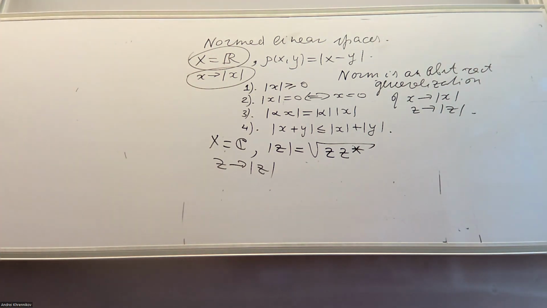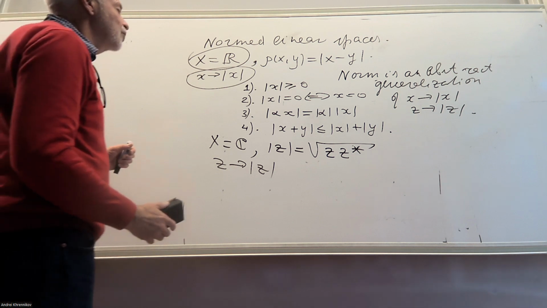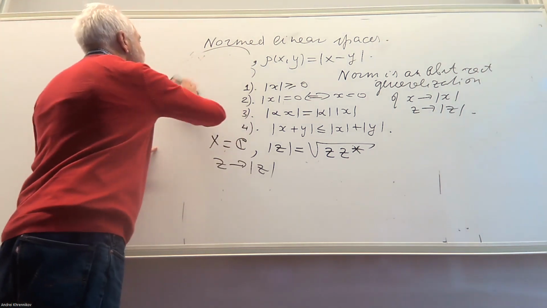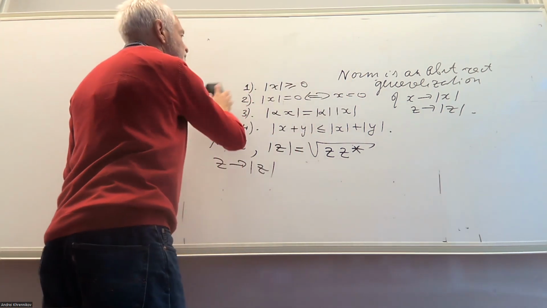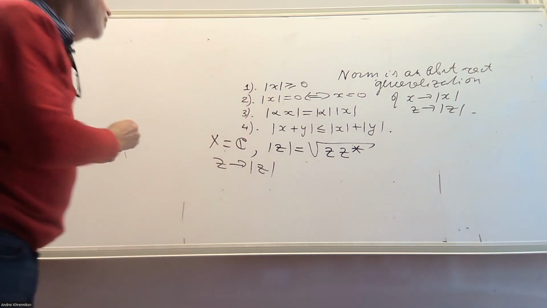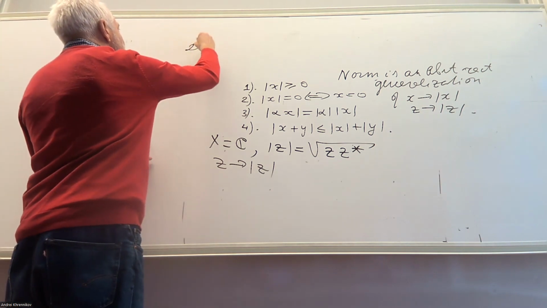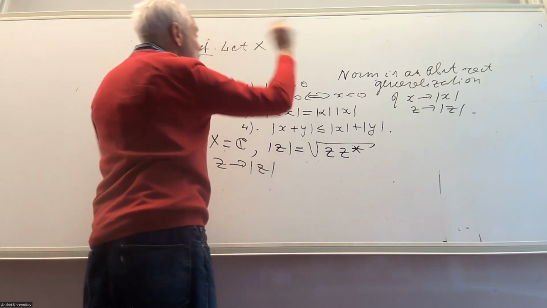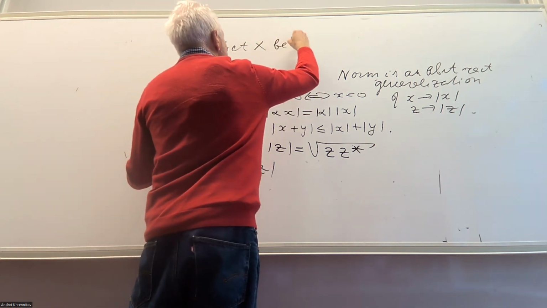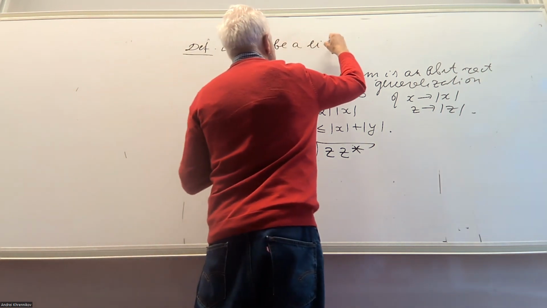So the formal definition is the following. Definition. Let X be a linear space over real or complex numbers.